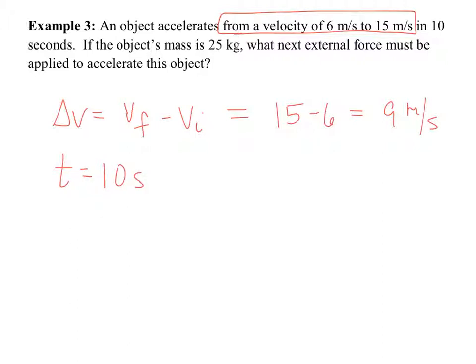You could use this formula right here. That's one of the formulas we learned at the beginning of the year. Or you could use VF equals VI plus AT. You could also have done this. I'll put this on the side.